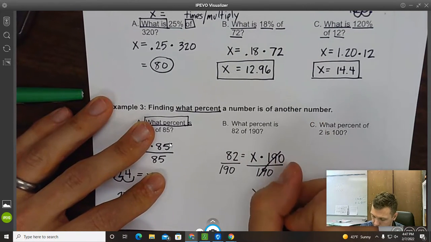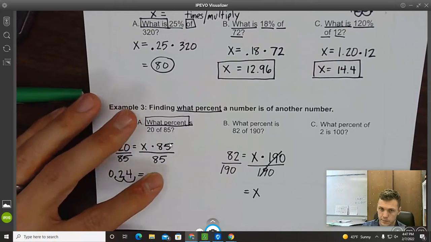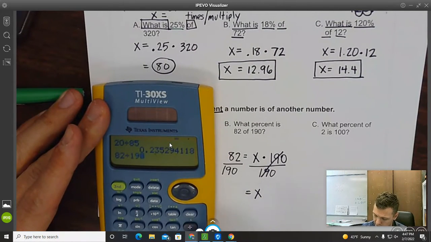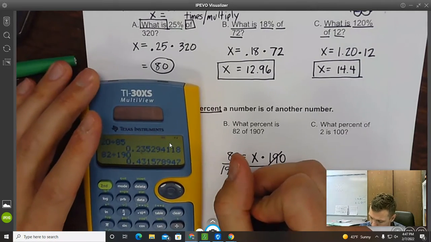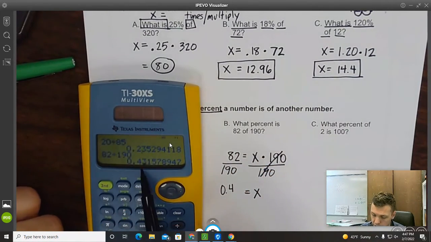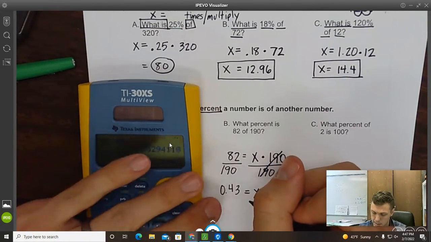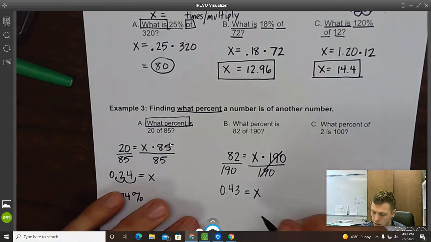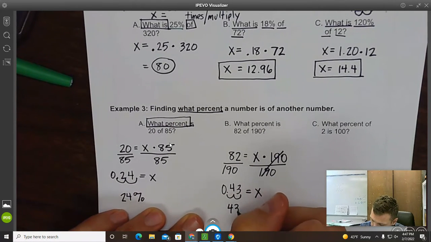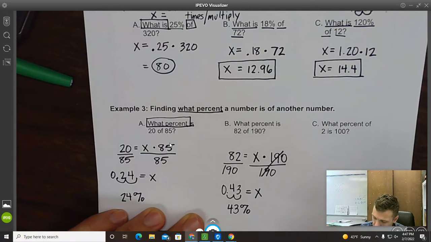So x equals 82 divided by 190, and we get 0.43. The next number is a 1, so it stays a 3. We move our decimal 2 places to the right, and we get 43%.